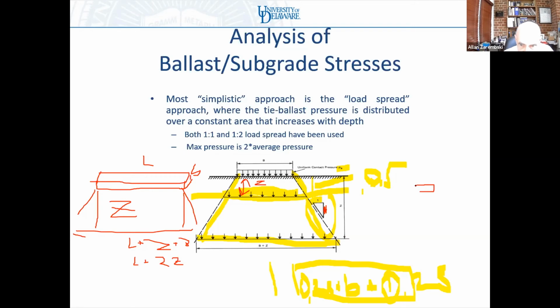If I look at the side of my sleeper, which is B, I have the same thing happening. And again, let's assume a 1-to-1 slope. So at a depth Z, I have B, Z, and Z. So my total length here is B plus 2Z.